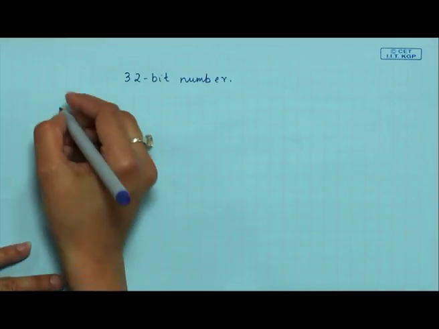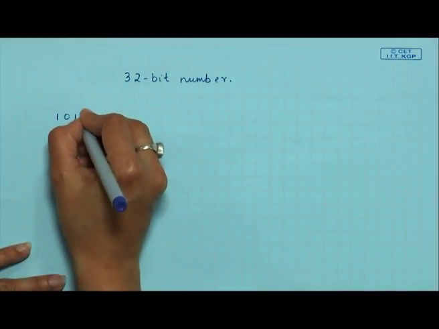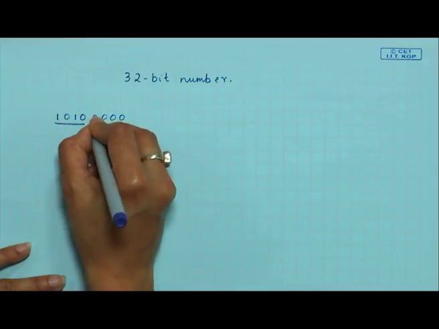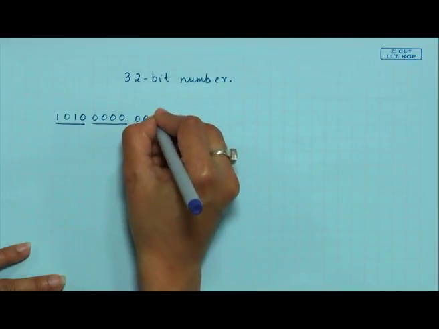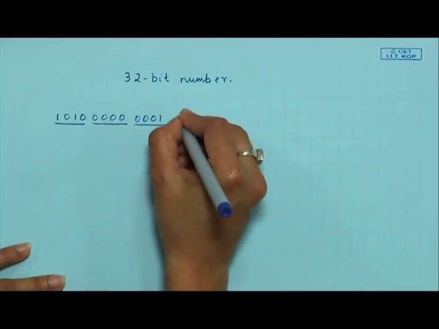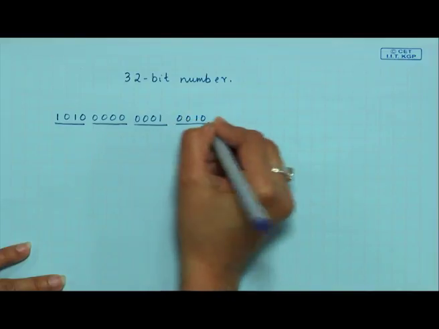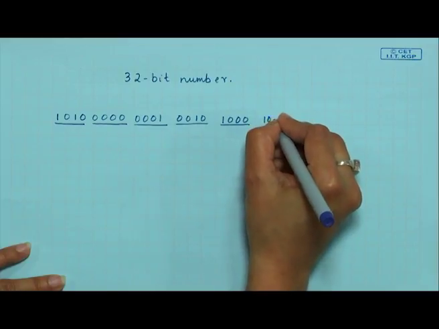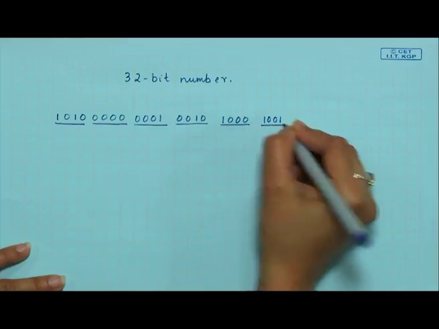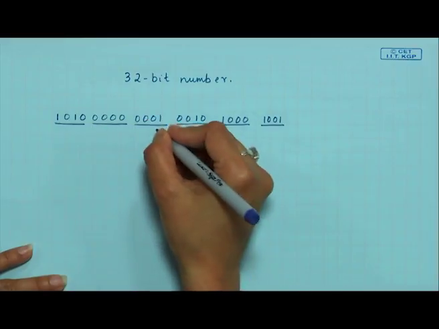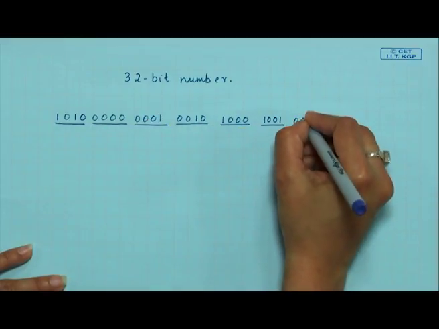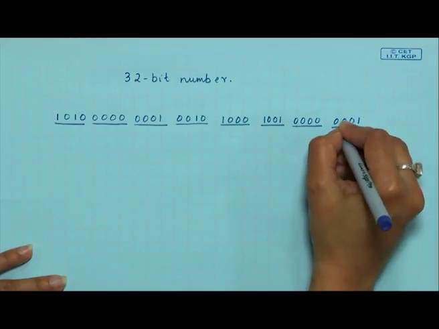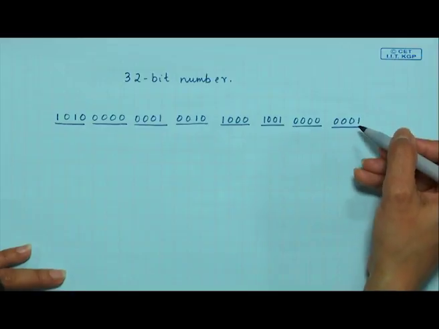let us say my 32-bit number is this. So, this is a 32-bit number.